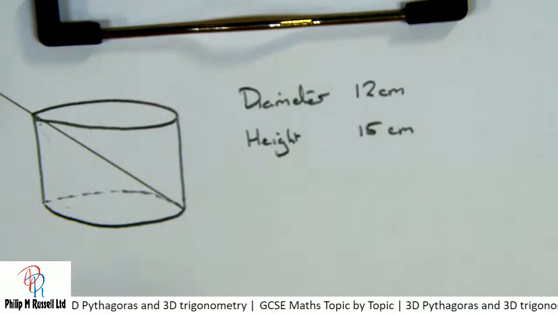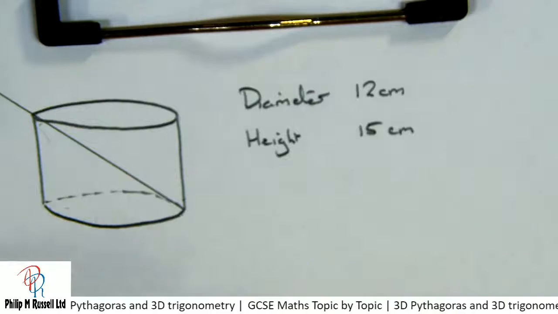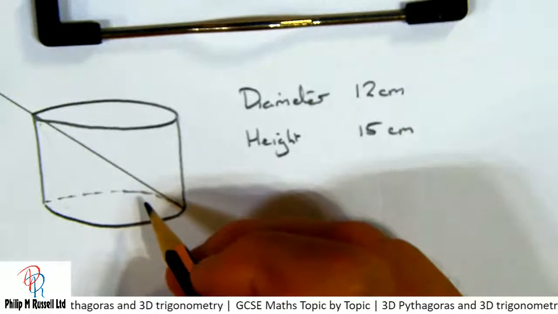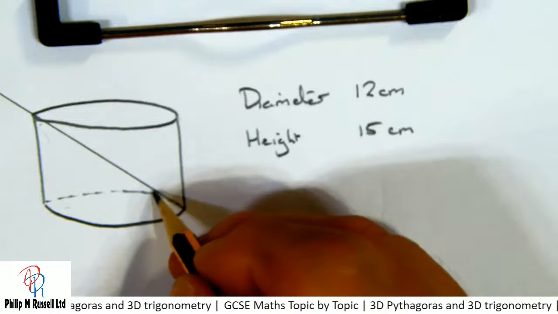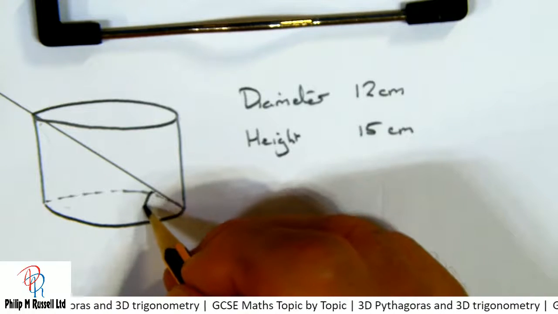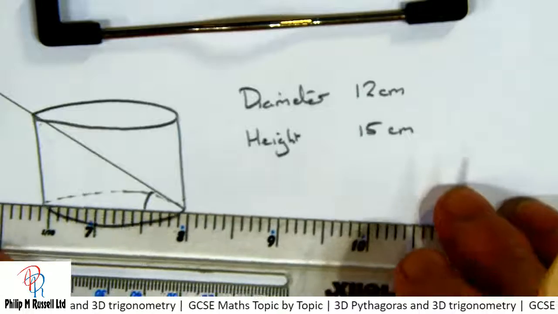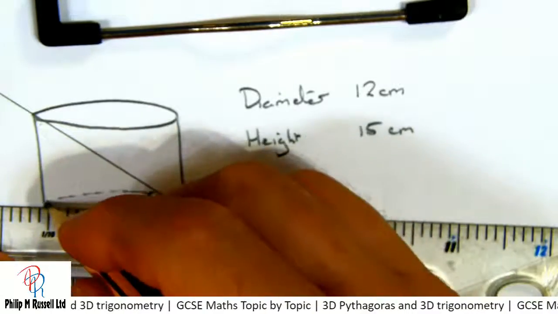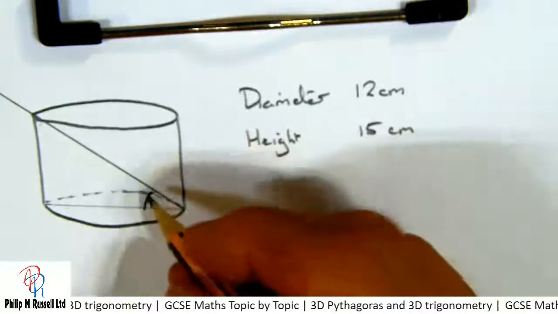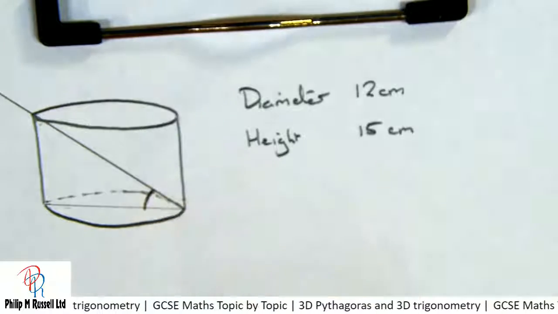Easy enough. They may also ask us something really grotty, like at what angle does it make with the base. So this is the sort of going across here, and it's the angle it's going to make with that.